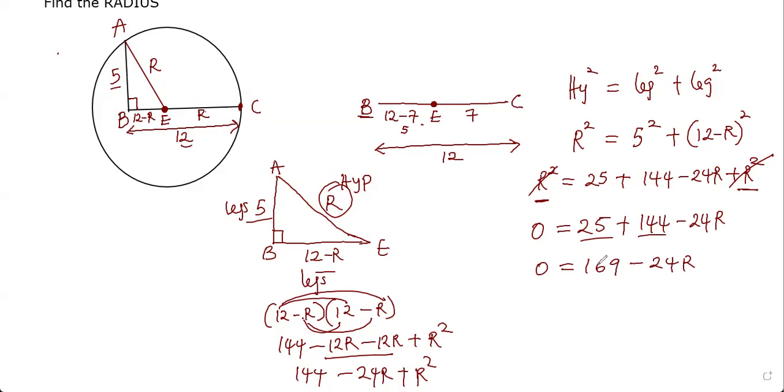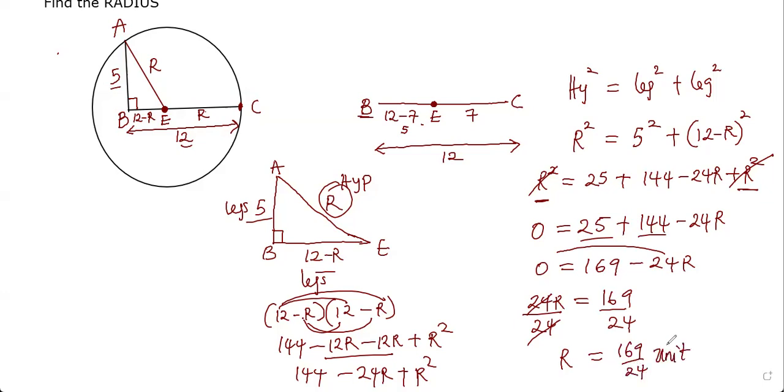Of course, you want to take negative 24R to the other side of the equation. So that becomes 24R is equal to 169. And if you divide everybody by 24, the radius automatically will be 169 upon 24 units.